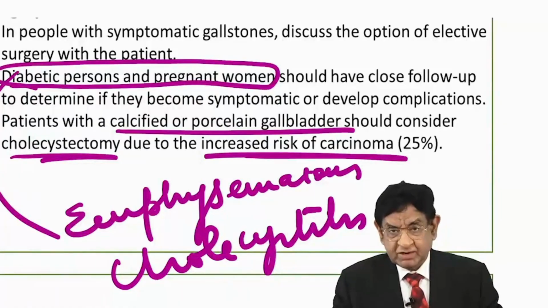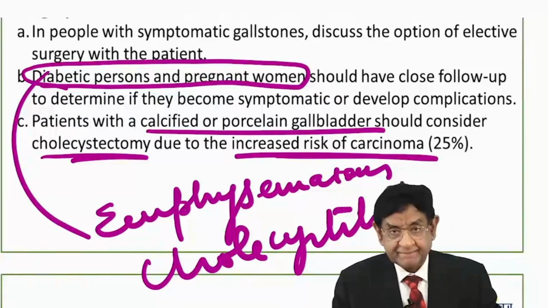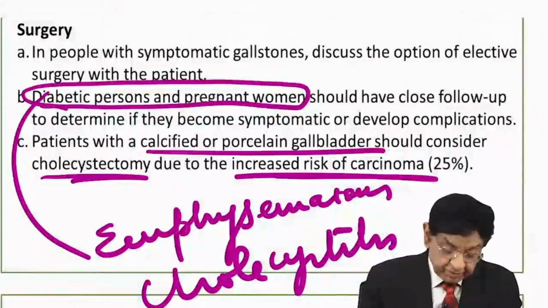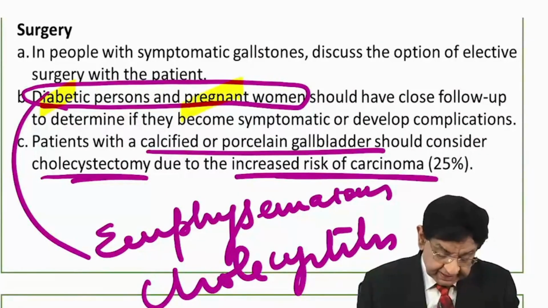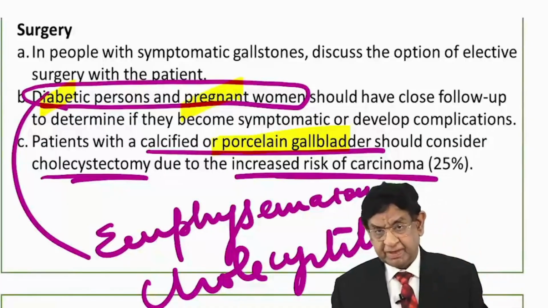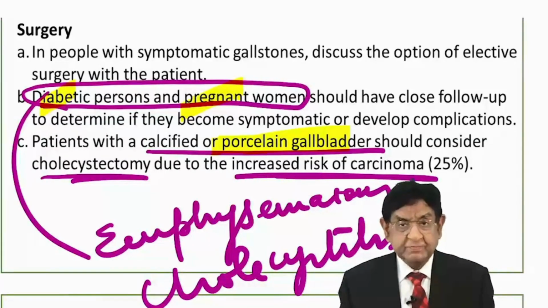Carcinoma of the gallbladder can develop in those patients who have a calcified or porcelain gallbladder. So the keywords to remember are diabetic, pregnancy, and porcelain gallbladder. Three keywords you have to remember. These three patients have no symptoms, but they need very careful follow-up.